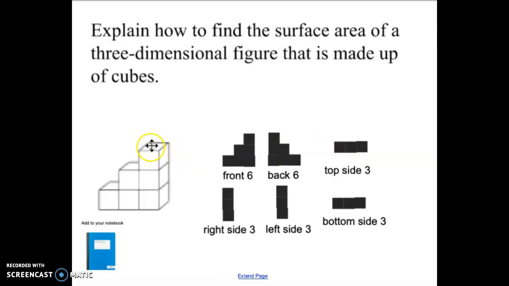The top side is going to be 1, 2, 3 squares, and the bottom would have 3 squares. And both sides, even though the right side would be straight up and down, and on the left side we would see the fronts of those stair steps or whatever we want to call those, it would still end up being 3 squares. So altogether it's 24 squares. 3, 6, 9, 12, and 6 and 6 makes 12 more, 24. So it has 24 square units.